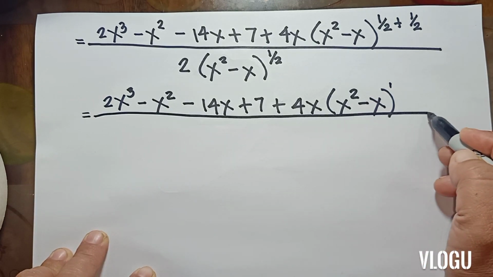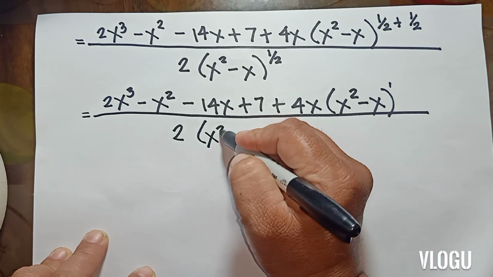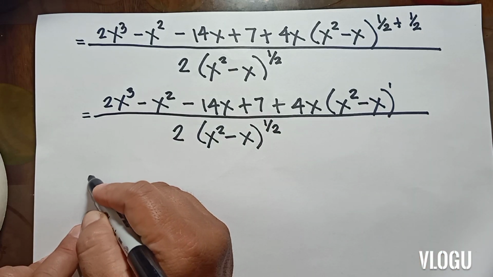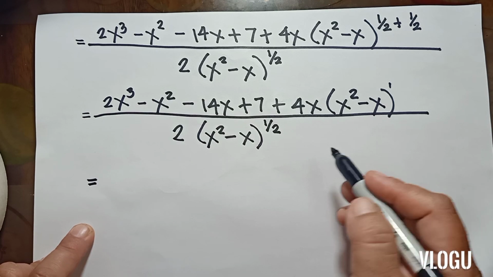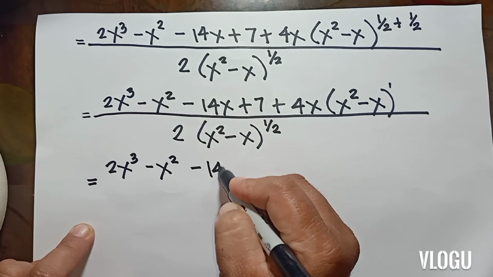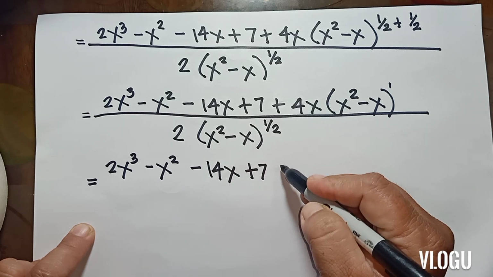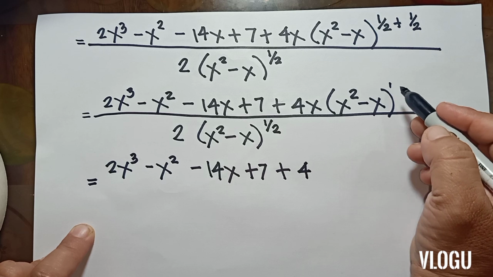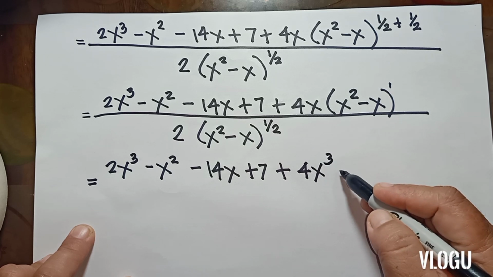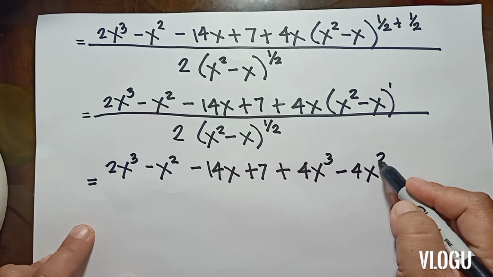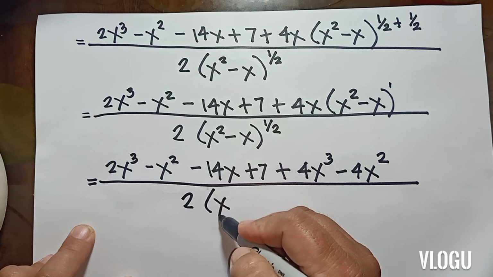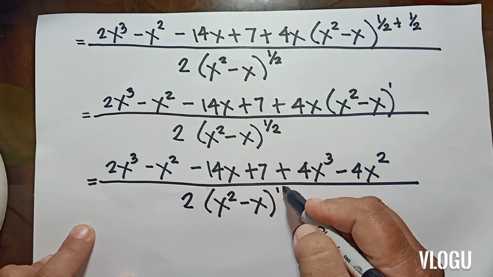So, over 2x squared minus x raised to 1/2. So, we will have 2x cubed minus x squared minus 14x plus 7 plus 4x multiplied inside, 4x cubed minus 4x squared. So, all over 2x squared minus x raised to 1/2.